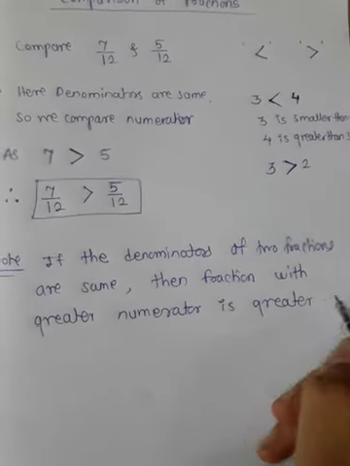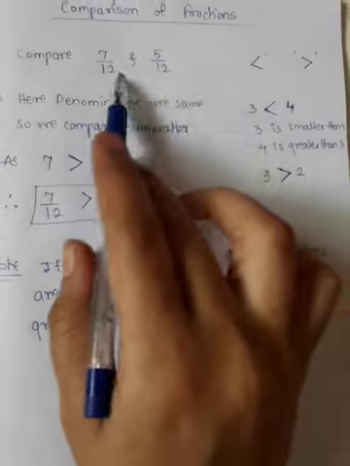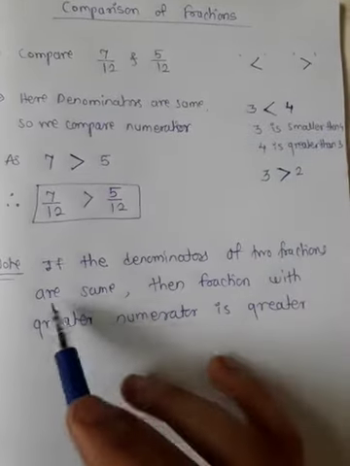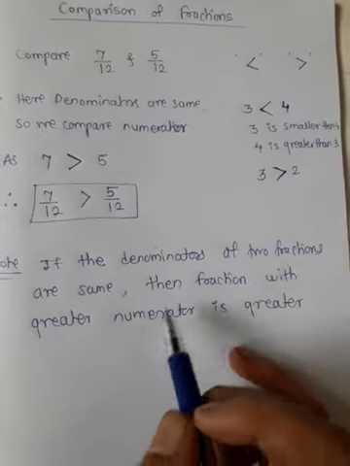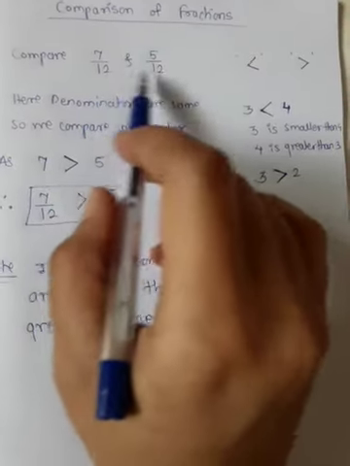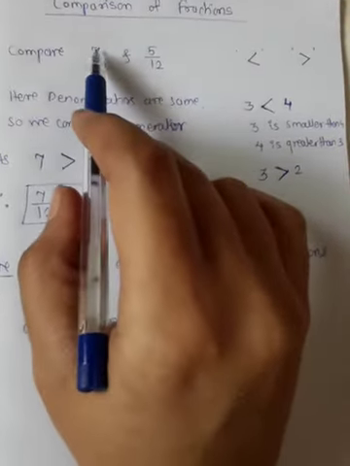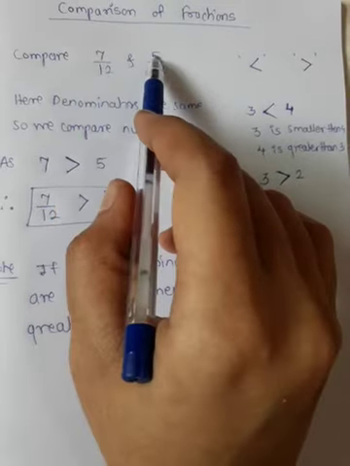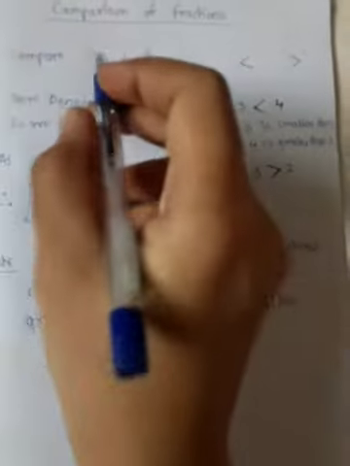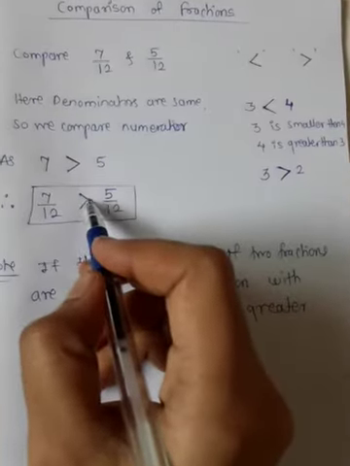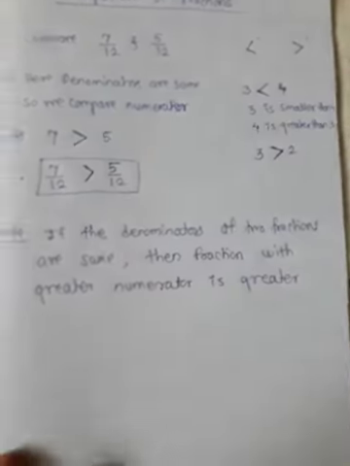See here, the denominators of the fractions are same, so the fraction with greater numerator is greater. Which fraction has the greater numerator? This fraction has the greater numerator. 7 is greater than 5. So the fraction with greater numerator is always greater. So here 7 by 12 is greater than 5 by 12.